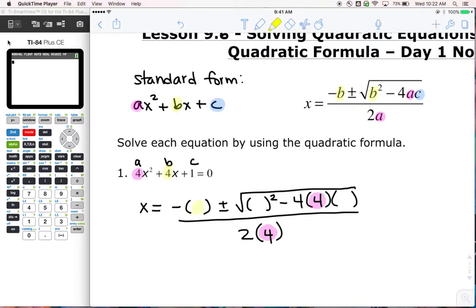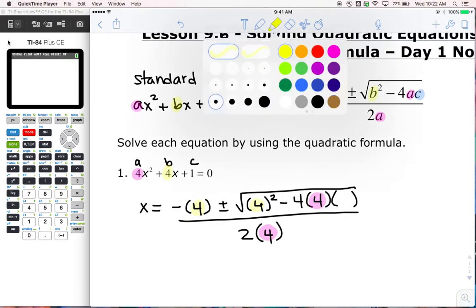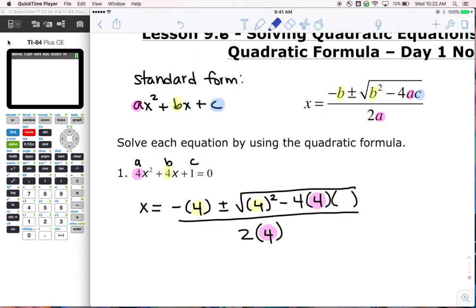B goes in this spot, and it also goes in this spot. All right, so positive 4 will go here and here. And then finally, we have C, which, like we said, we only have to use it once. It's just the number 1, and that goes in this spot here. Okay, so if you can correctly fill all these numbers in, that's half the battle.